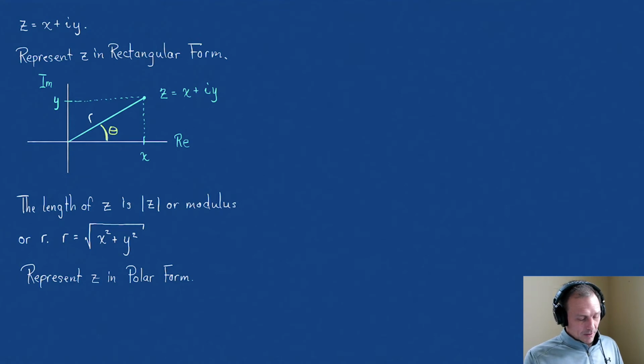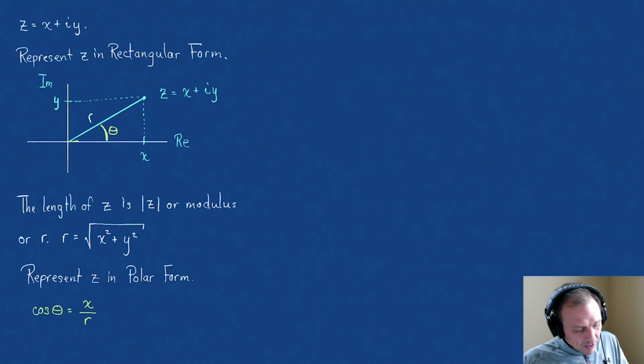Okay. Then, oh yes, look at this. Well, notice what we've got. We've got a few relationships. Remember that the cosine of theta is the adjacent side over the hypotenuse. Well, our adjacent side is x, and our hypotenuse is r.